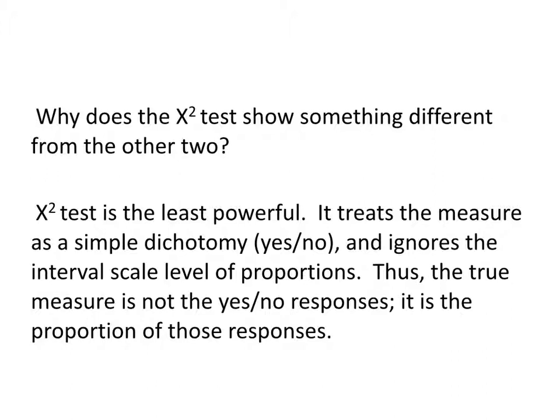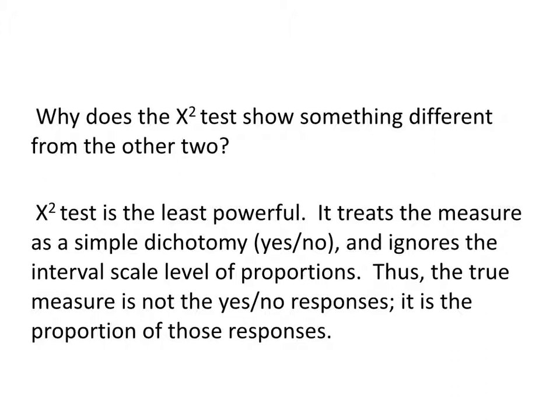So we've analyzed these data 3 different ways to answer the same question. The first 2 ways, our conclusion was that satisfaction had increased, but with the chi-square test, our conclusion was that satisfaction had not increased. So why does the chi-square test show something different? Well, it's because the chi-square test is the least powerful.